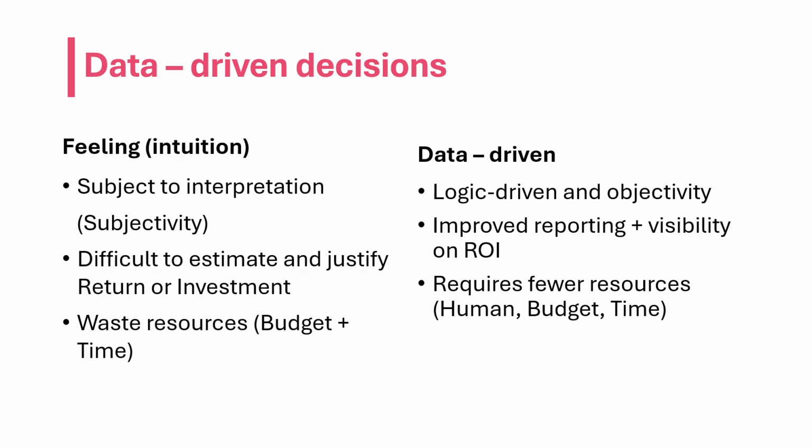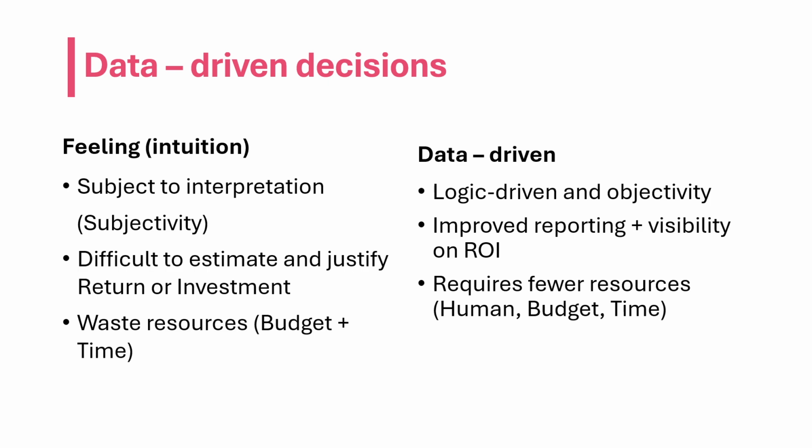So, the first thing of automation is data driven decisions. As we know, most people make decisions based on feelings or their intuitions, but that's a subjective concept. It's hard to measure and often leads to wrong or biased, that is prejudiced, choices.